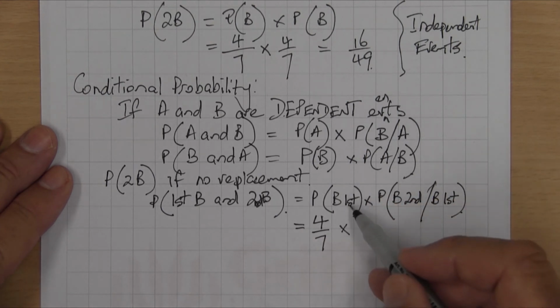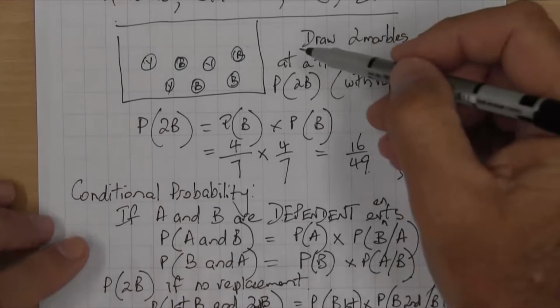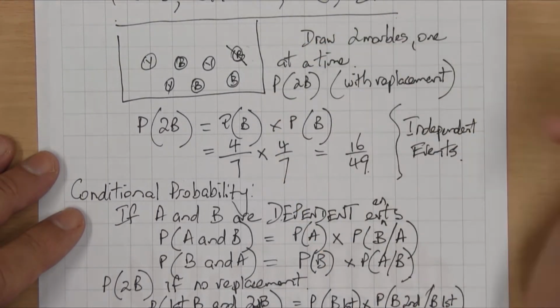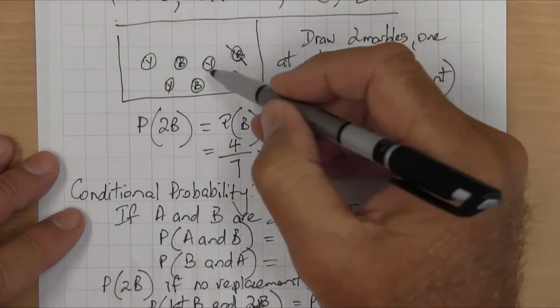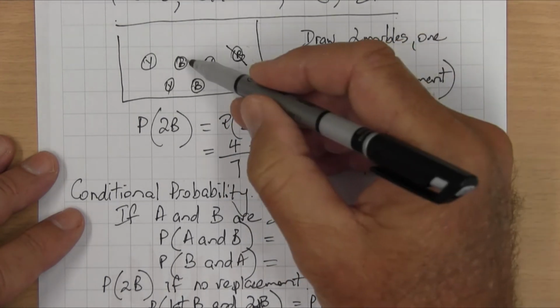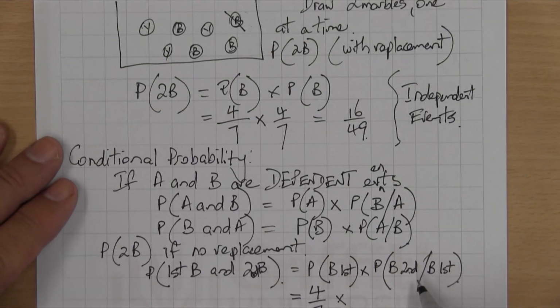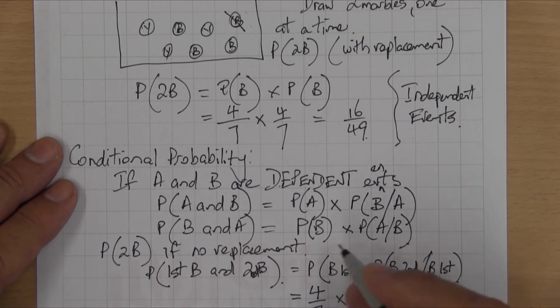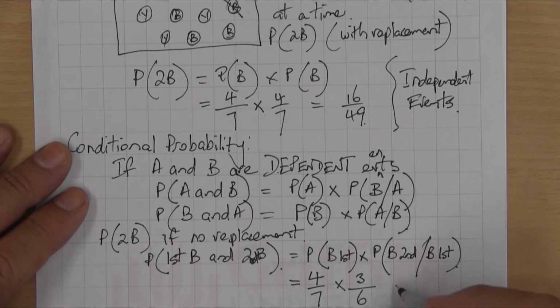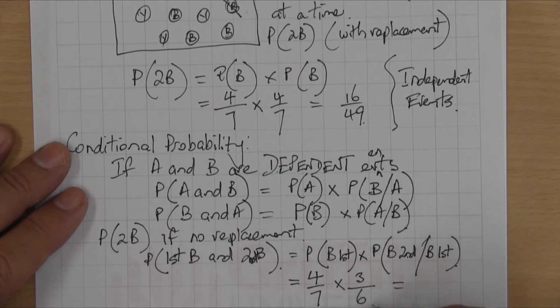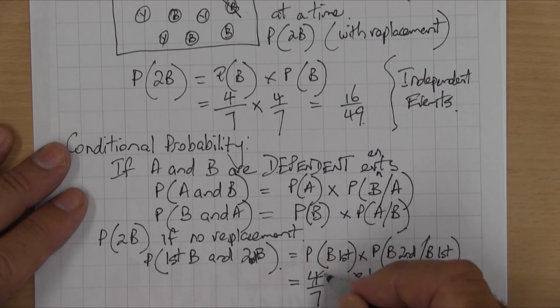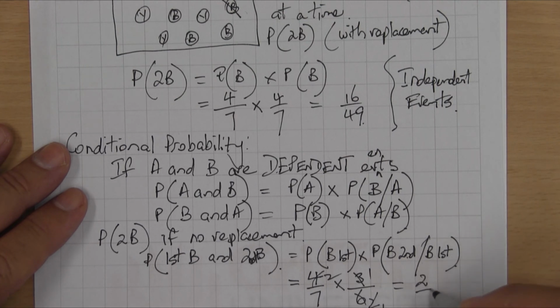Now you haven't put the first one back in. There were 7 in there, and one blue has been taken out. How many are left in there? There are 6 left. How many blues are left? 3 blues are left. So the probability you're going to get a blue second, given that a blue has been drawn out first, will be 3 blues left out of 6. And I think you'll get some cancelling going on here. And we get 2 chances in 7.